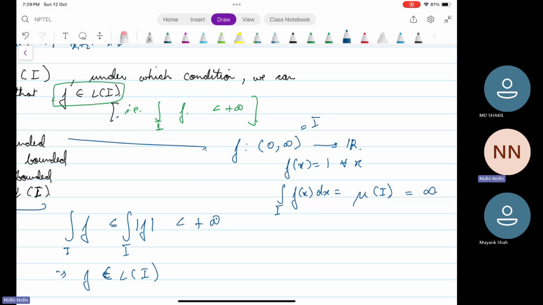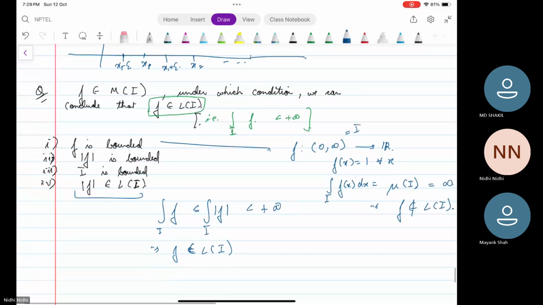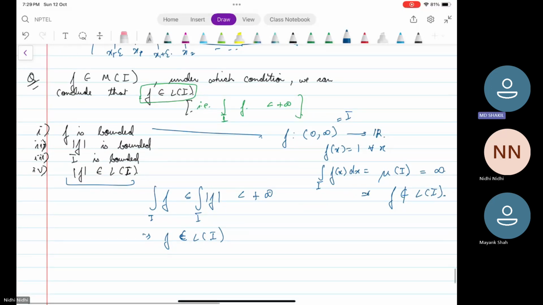This implies f does not belong to L1. What about the second option? The same example will work.